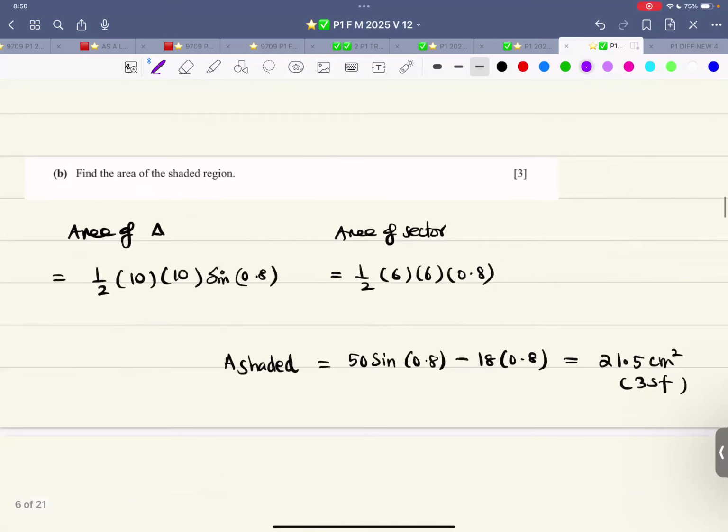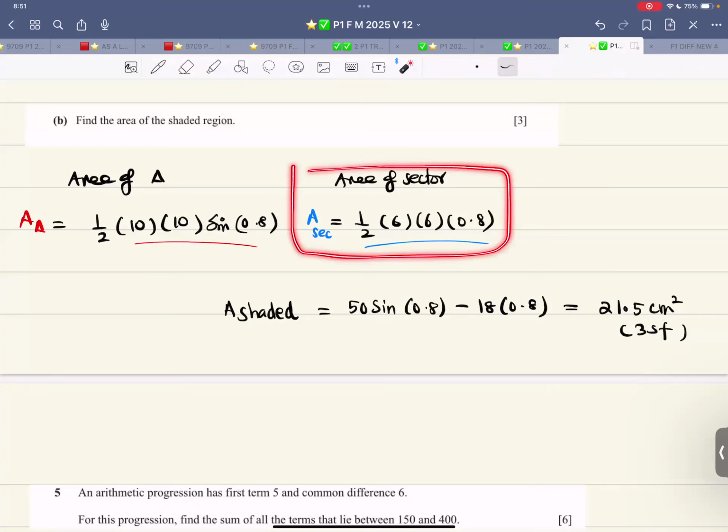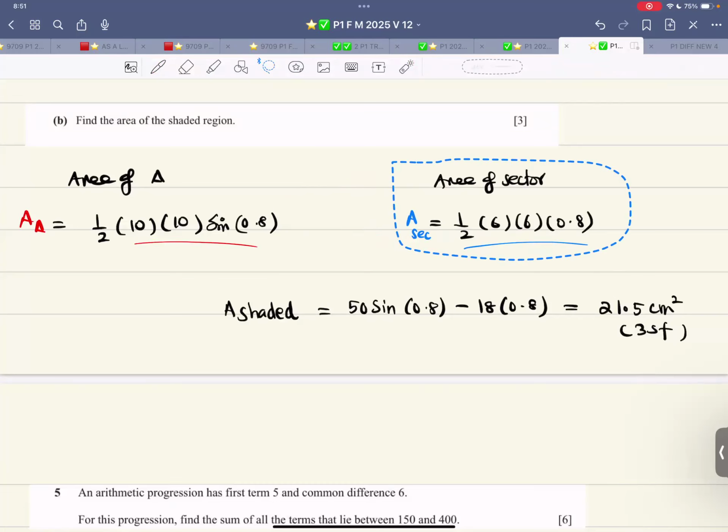Very simple. Find the area of the shaded region. That's the area of the triangle. So area of the triangle is this thing. I did not use the calculator. Area of the sector is this thing.